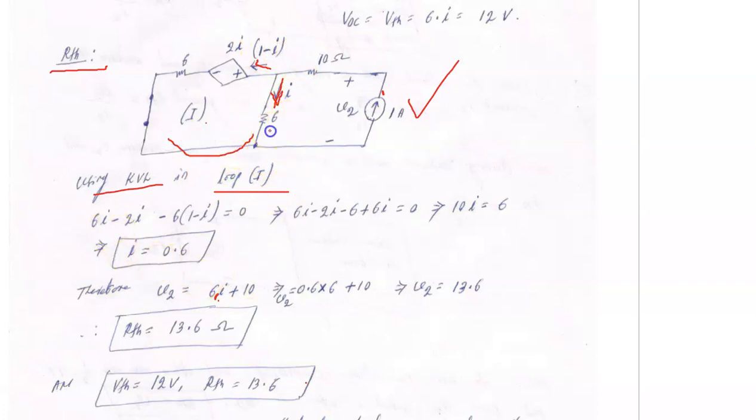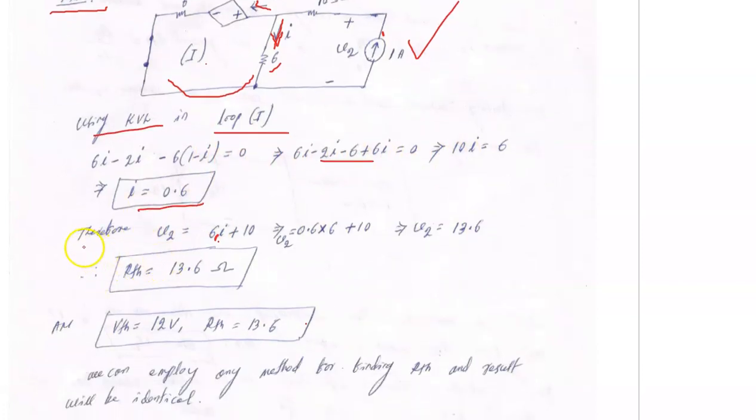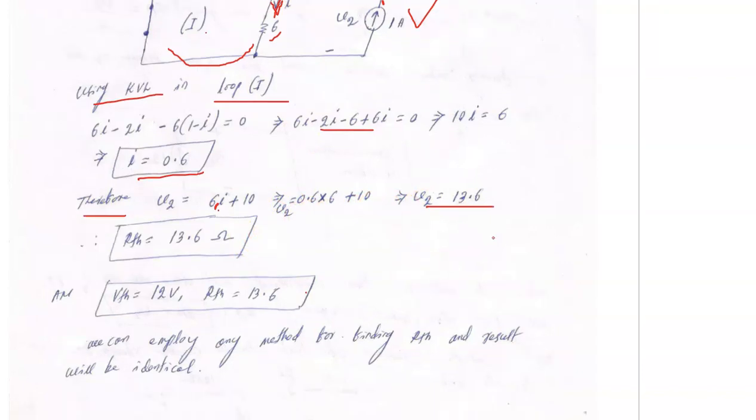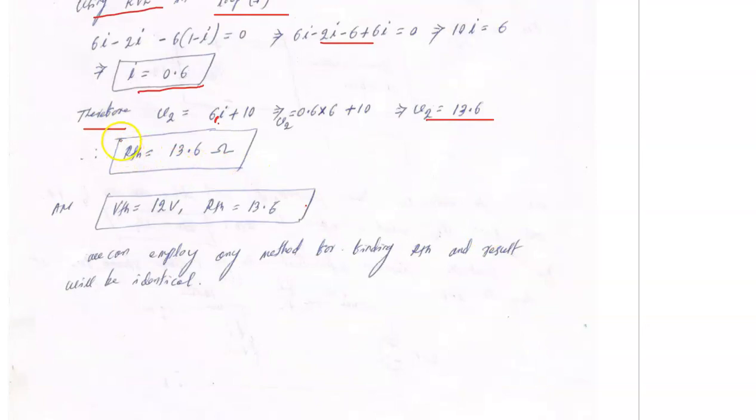So 6I minus 2I minus 6 into 1 minus I equal to 0. From here you got I equal to 0.6. So therefore V2 will be 6I plus 10, that is 13.6. So your Thevenin resistance is numerically equal to V2, that is 13.6 ohm.